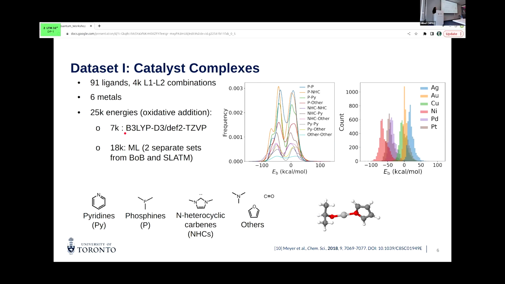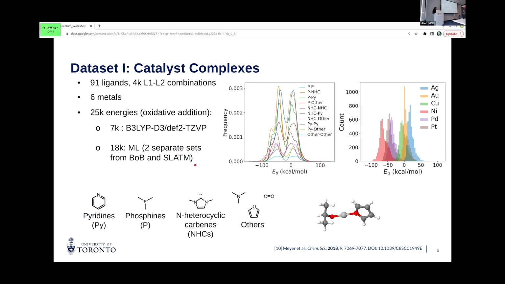We have 2 duplicates of data set 1. The first one is a mixture of the 7K DFT plus 18K calculated with machine learning using BoB as a representation. BoB is a molecular representation. I think Anatole touched on it a little bit before, and I'm going to explain it more later. And SLATM is another molecular representation.